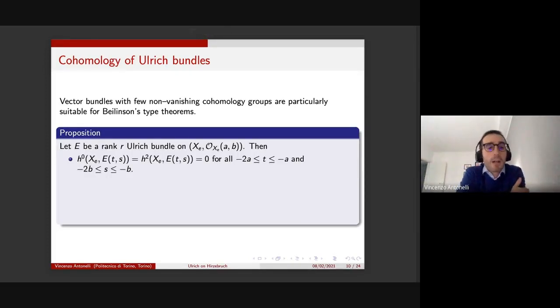If you consider an Ulrich bundle of rank r, so any rank, on the Hirzebruch surface, then the first thing that you can say is that when t and s are in this range, where (a, b) is the polarization, you only have the H^1 of the vector bundle, which can be different from 0.